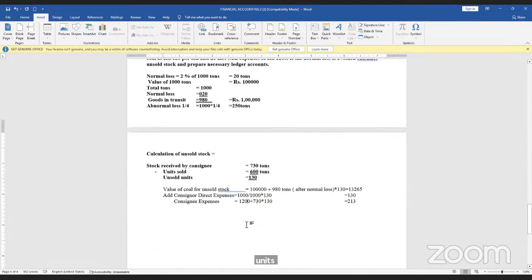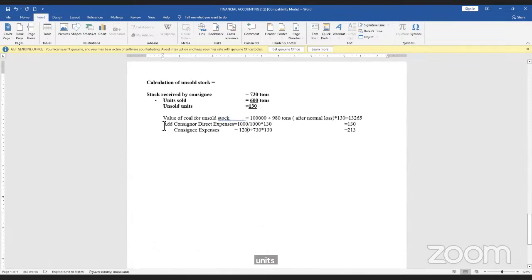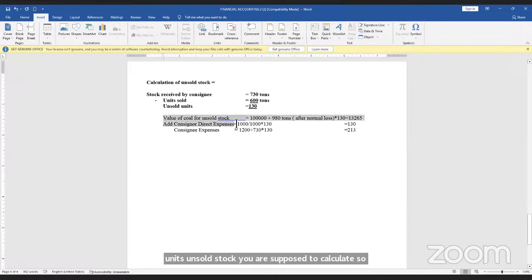So how do you calculate unsold stock value? First, multiply the number of units unsold by the cost per unit. To the value of unsold, add the consignor direct expenses and consignee direct expenses.